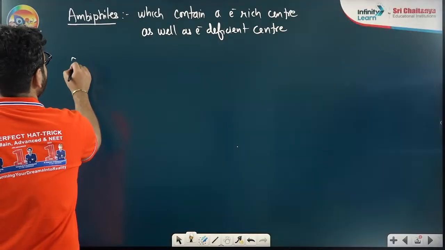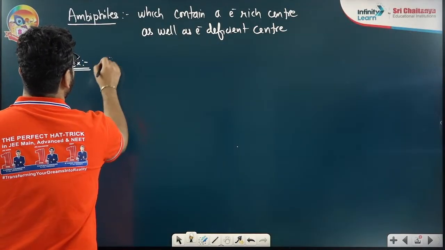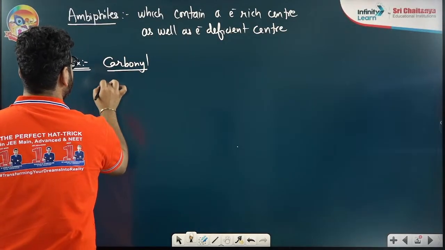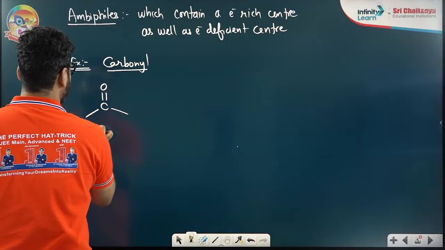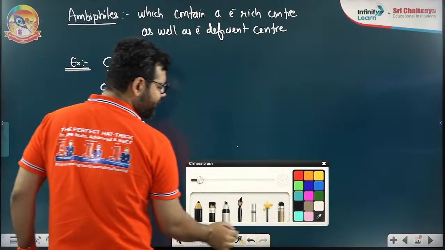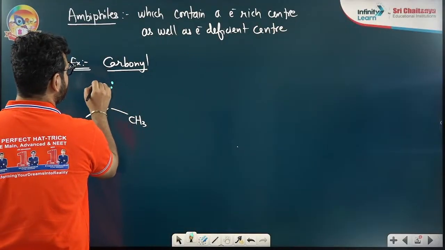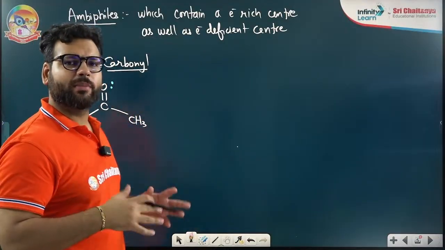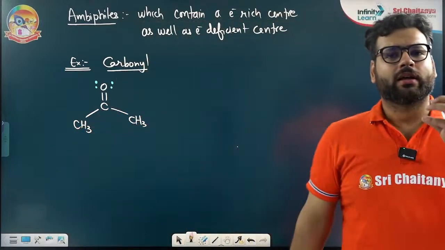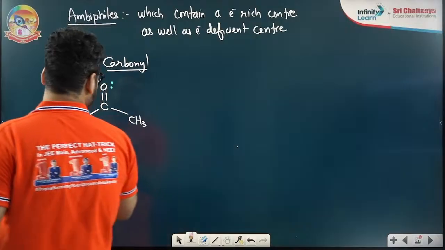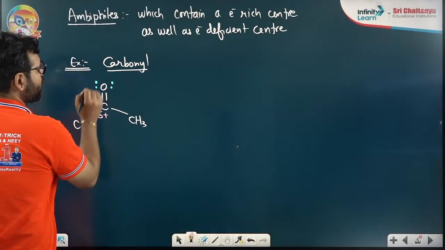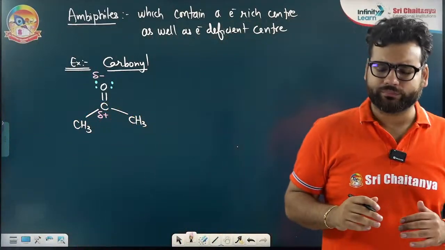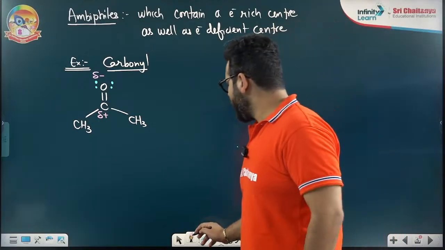For example, the best example of this is carbonyl compounds, means aldehyde ketones. This is how a ketone looks like. In a ketone, this oxygen is a rich atom. It has a lone pair. And I told you that whenever there is a C double bond O, S double bond O, those can also act as electrophiles. So here this carbon actually carries a partial positive charge. Oxygen carries a partial negative charge. Due to this polarity, this bond can easily shift here.